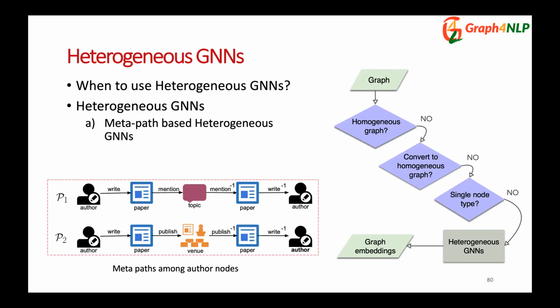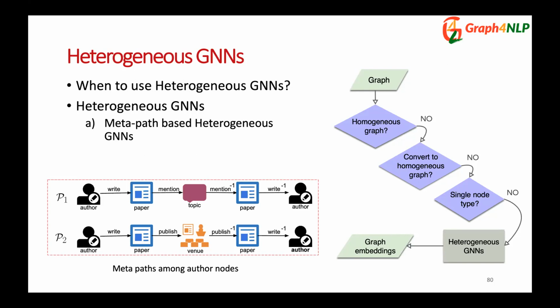So let's first talk about what metapaths are. Metapath is a very commonly used concept in the topic of heterogeneous graphs. So here's an example of metapaths. Given a node type pair here, we can extract at least two metapaths between them.